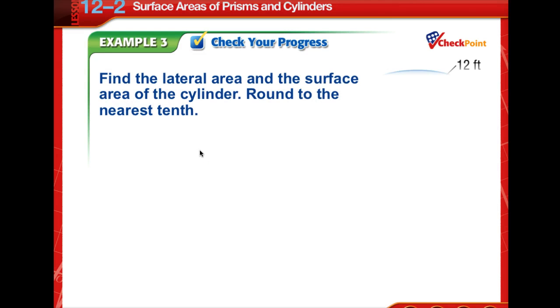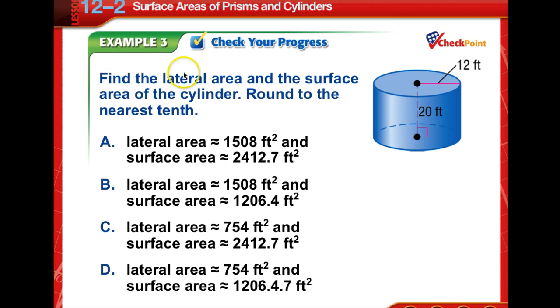Okay, time for you to try your hand. We are to find the lateral area and the surface area of the cylinder and round to the nearest tenth. Okay, the lateral area, 2 times pi times radius times height. So 2 times pi times 12 times 20 gives us 1,508 square feet.